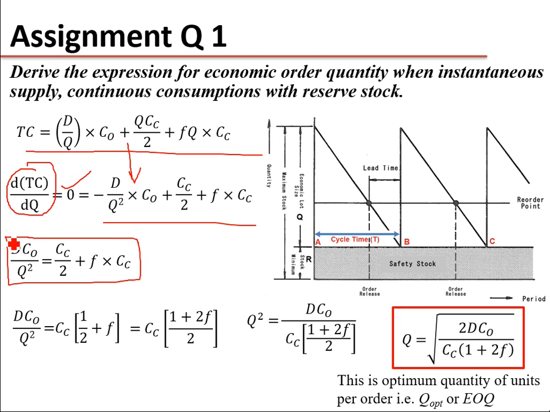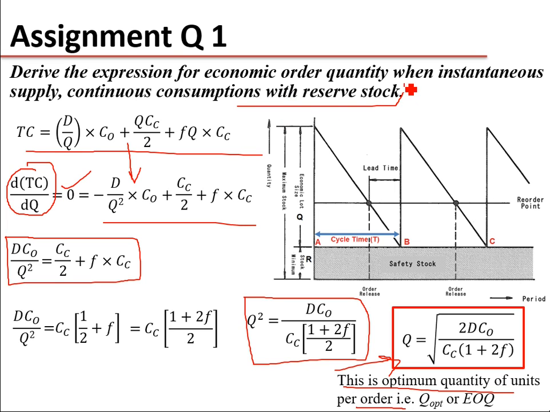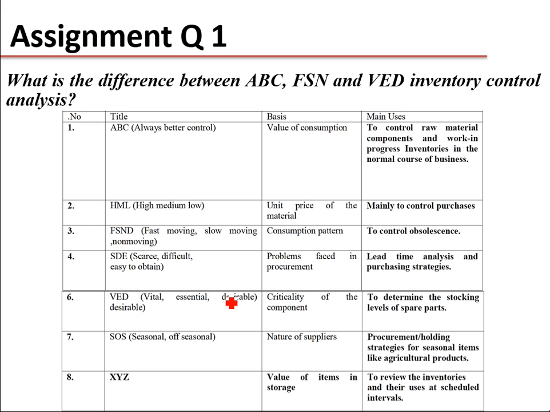At the end, Q becomes the square root of 2DC0 upon C1 into (1 plus 2F). This is the optimum quantity of units per order for the model having reserve stock of inventory. This is how we can solve the equation.